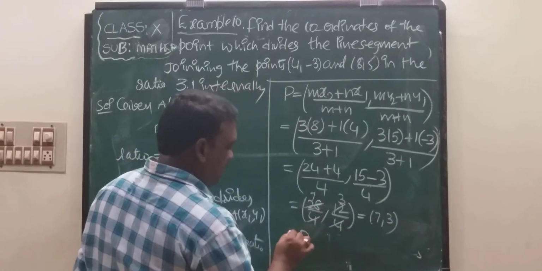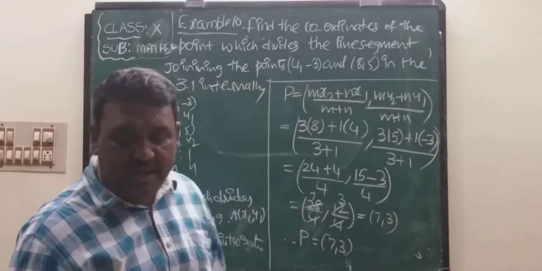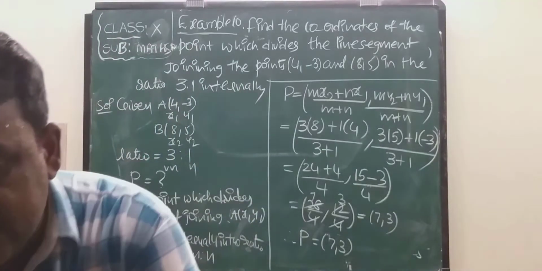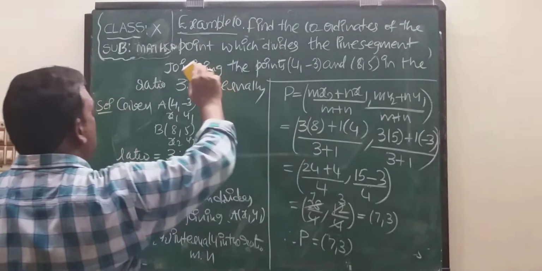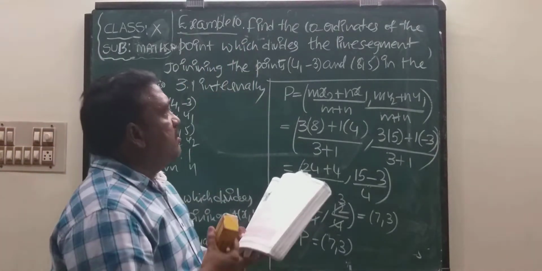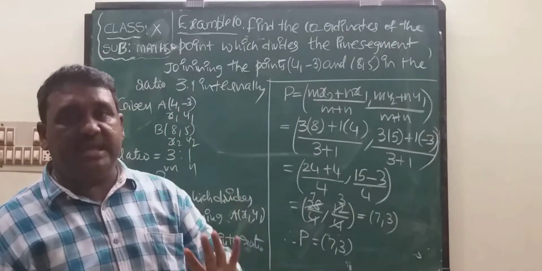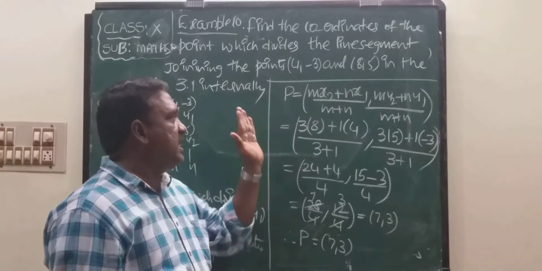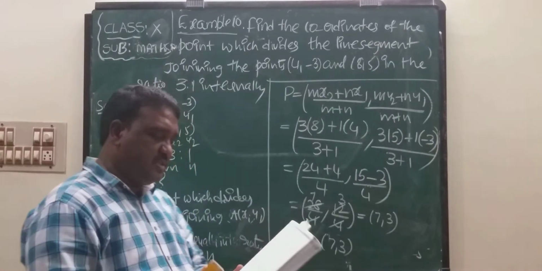So P equal to (7, 3). So P is known as dividing point which divides the line segment in the ratio 3:1. This is the problem. So 2 points are given, ratio internally is given, we need to find out dividing point. Finally P value (7, 3).